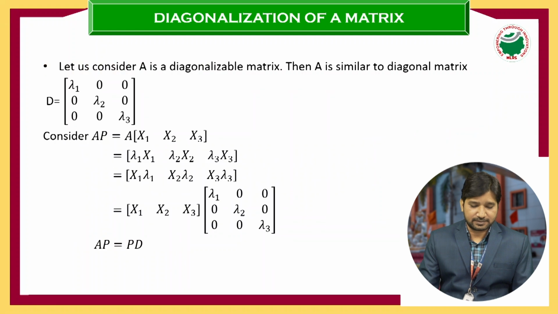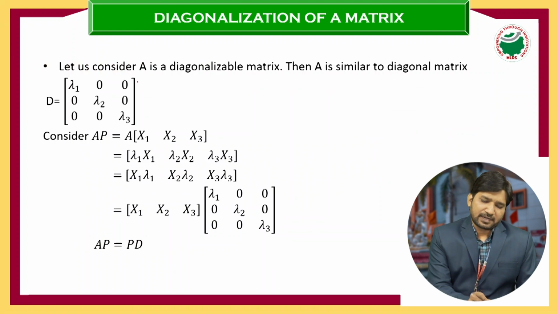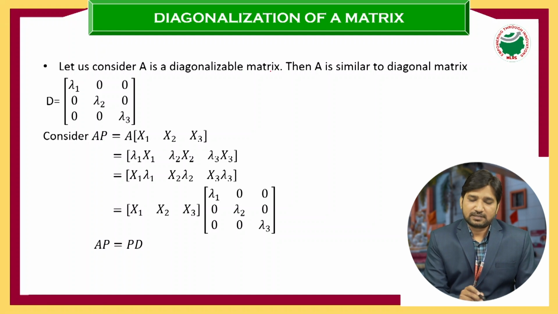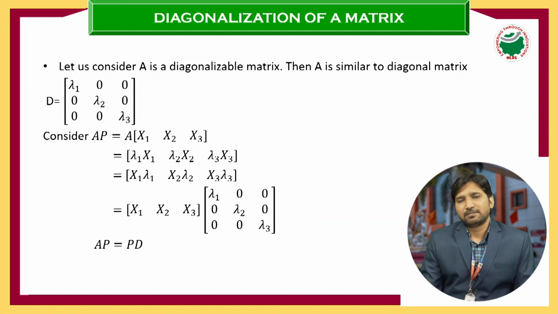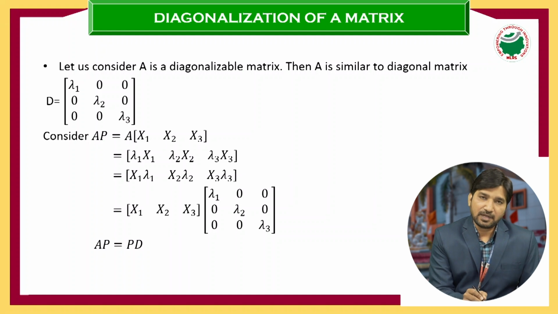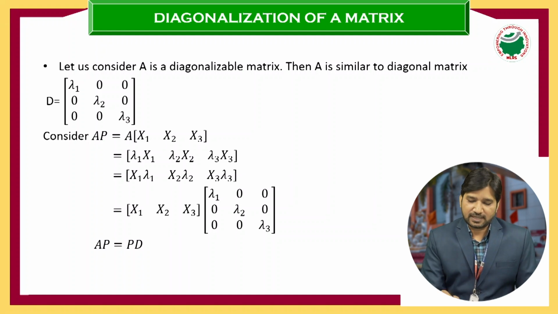Also, let A be a diagonalizable matrix. Then A is similar to a diagonal matrix D with diagonal elements lambda 1, lambda 2, lambda 3, which are the eigenvalues of the matrix A.